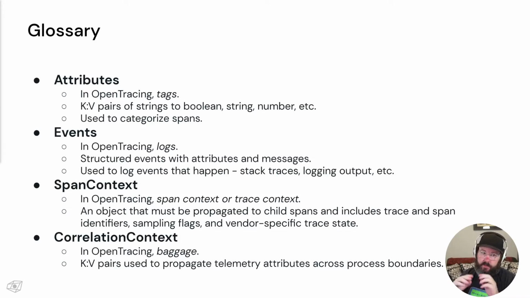So if you have a very long running workflow, then you would probably want to use links in order to correlate everything together. But in general, span-based tracing implies that things happen kind of close together.